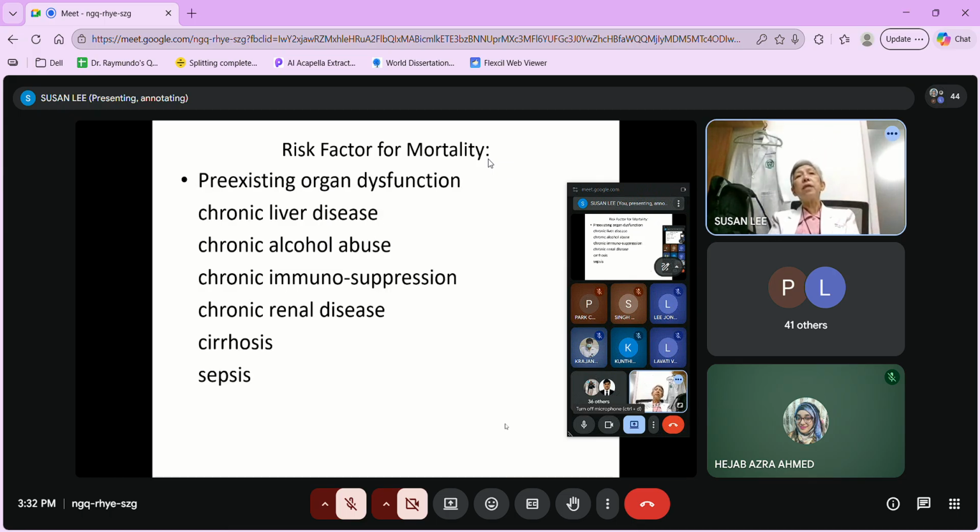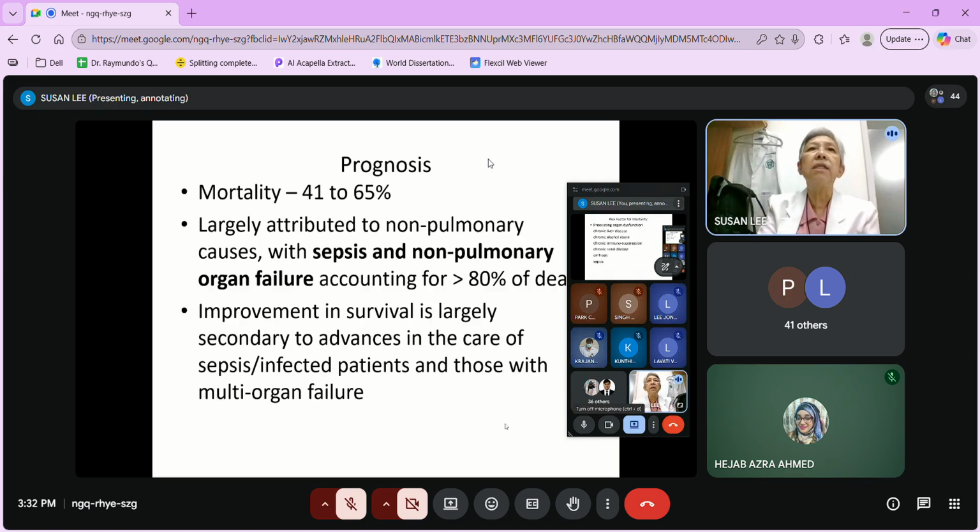Okay, pre-existing organ dysfunction like your liver disease, alcohol abuse, chronic immune suppressive treatment therapy, renal disease, cirrhosis, and sepsis, all of this would increase your mortality. So mortality among ARDS patients is around 40 to 65%.